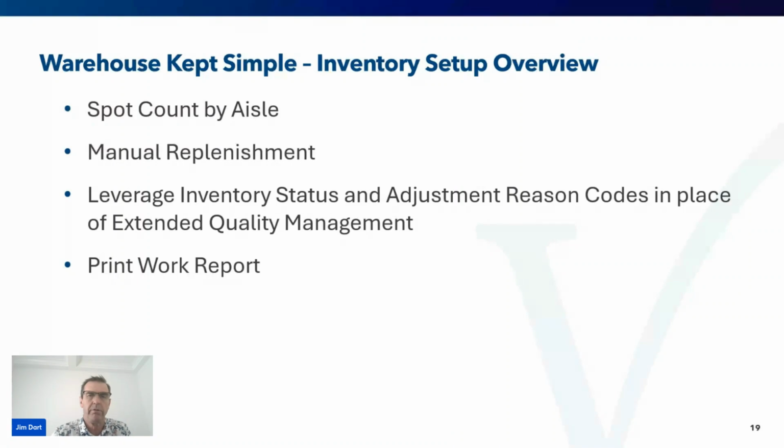Inventory setup, so just internal warehouse operations, periodic cycle counts. Programs that use the spot count by aisle to check inventory are an effective way to ensure inventory accuracy and are simple from a system perspective relative to detailed counting programs. Manual replenishment.